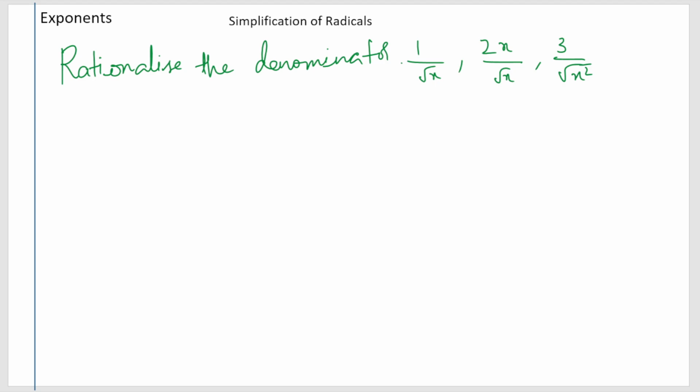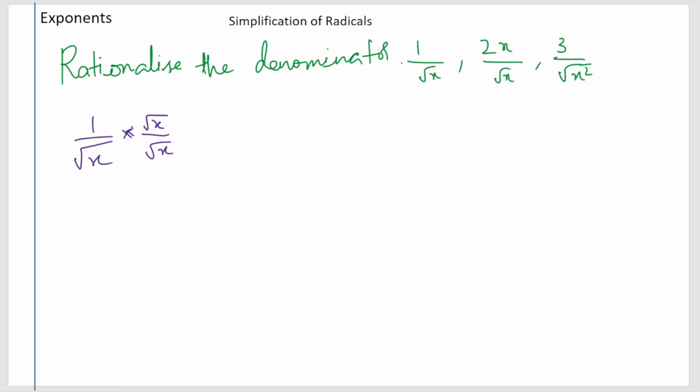You guys try it once. So what is rationalization? The first question is 1 by root x, right? We'll start with the basics. To remove the radical here, we have to multiply it with the radical. When we are multiplying it here, we should also add the radical on the numerator so that this is multiplied by 1.